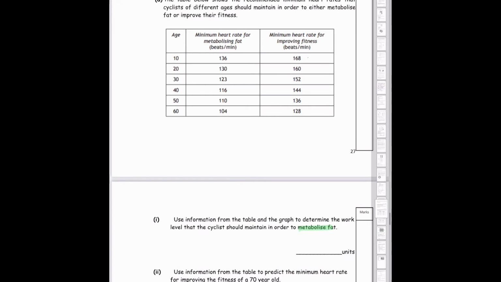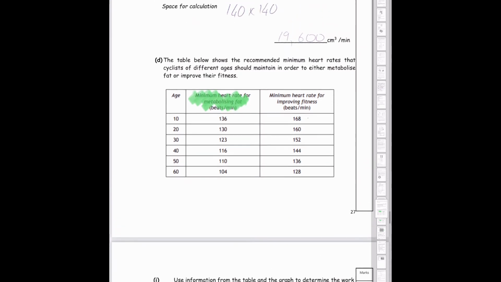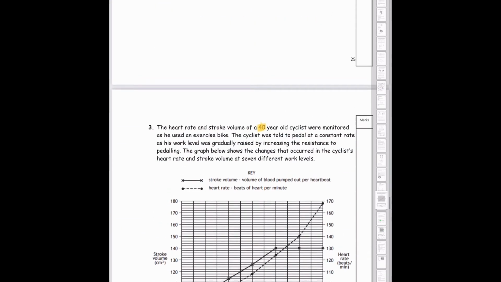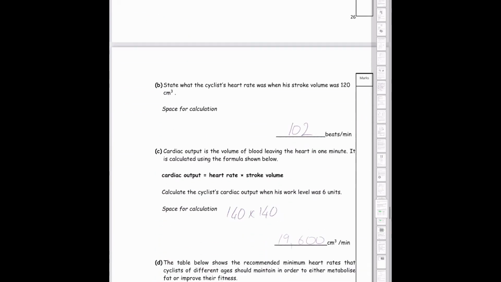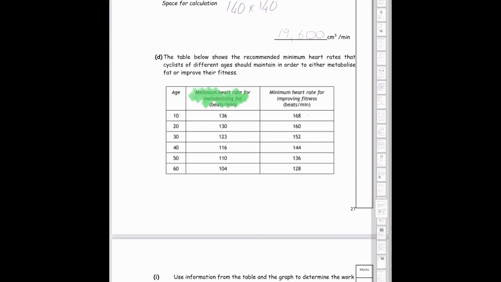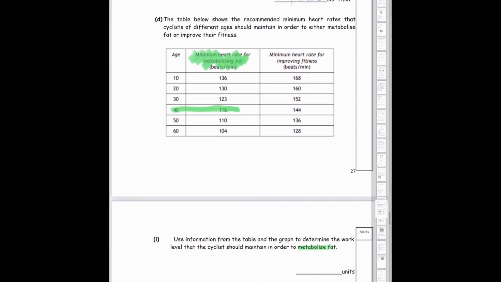In this case, we are looking at this column here. First we find out how old the cyclist is, and he is 40. So we are looking at this line here. 116 beats per minute is the heart rate that he should use to metabolise his fat.